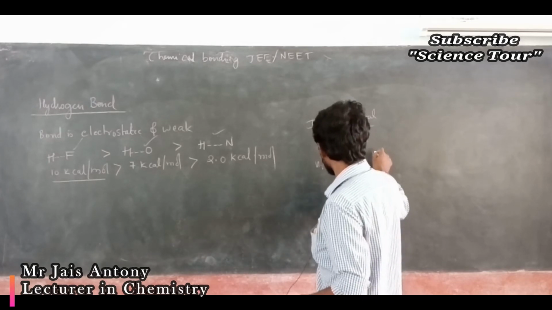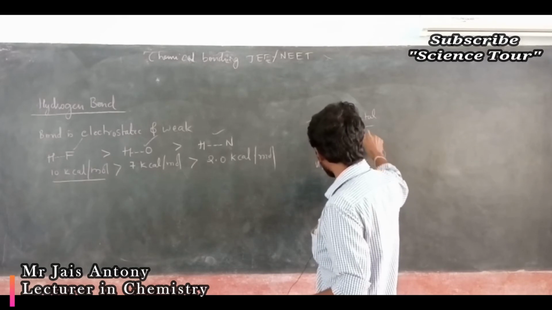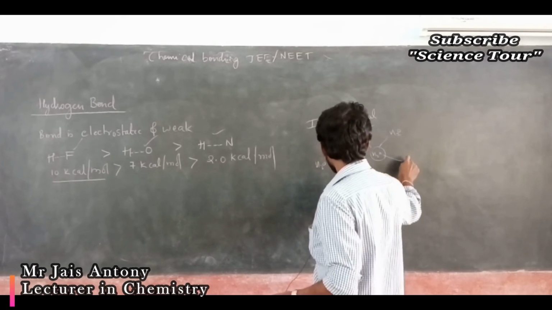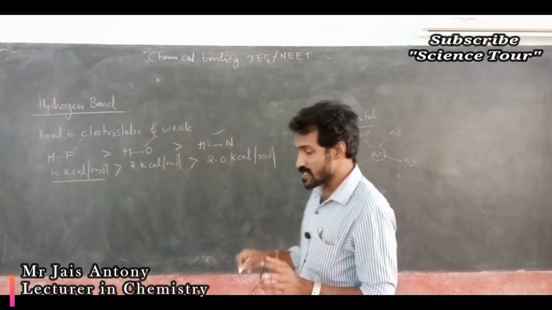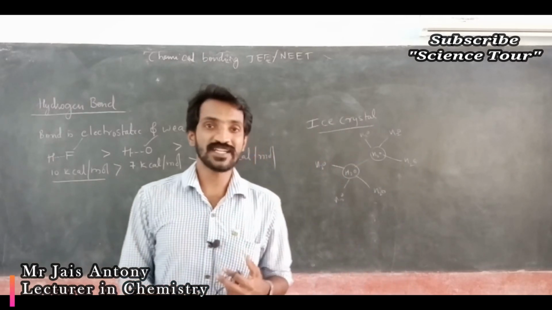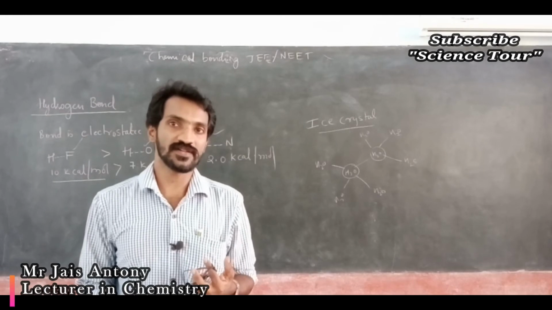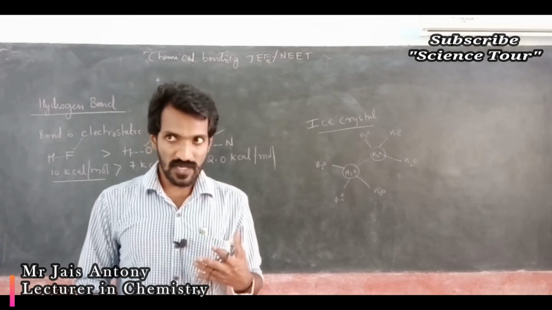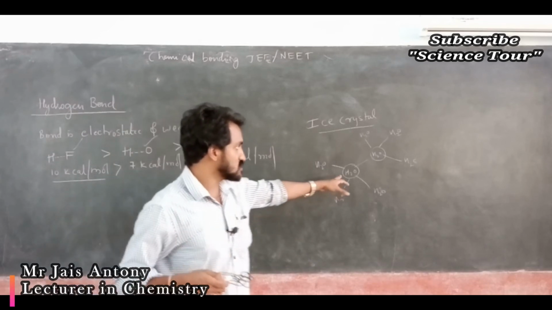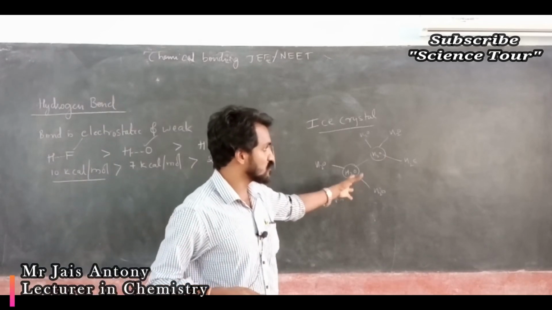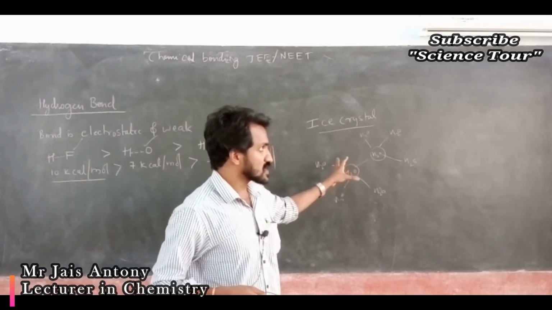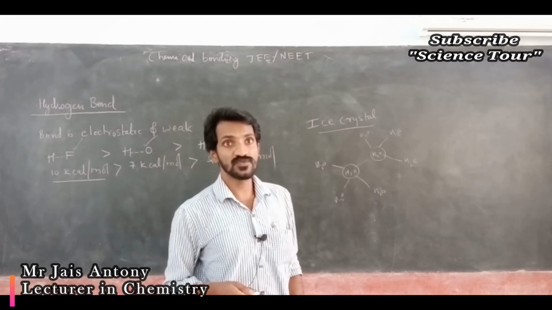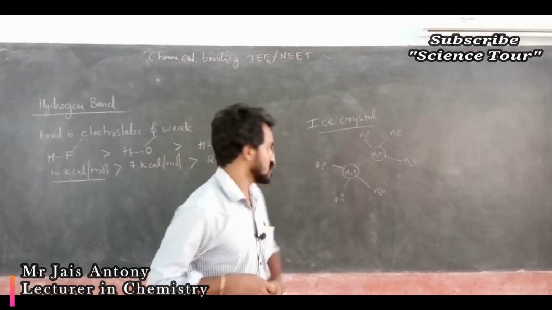Each water molecule is attached to 4 different water molecules, and it forms a tetrahedral shape, tetrahedron. Understood? Because each water molecule is attached to 4 different water molecules, the structure shows a cage type structure. Cage, you know, like this, cage.